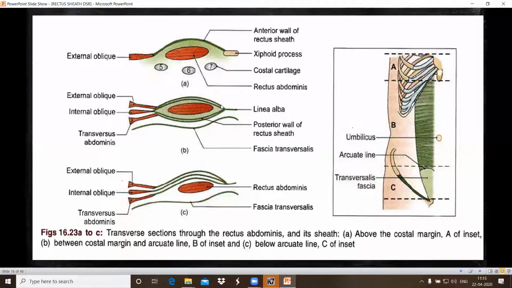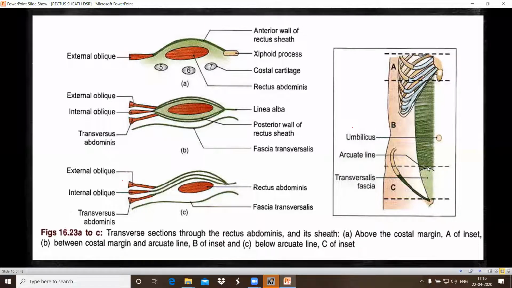Here this anterior lamina forms the anterior wall. So at the middle level, the anterior wall is formed by 2 aponeurotic layers: the external oblique aponeurotic layer and the anterior lamina of the internal oblique.